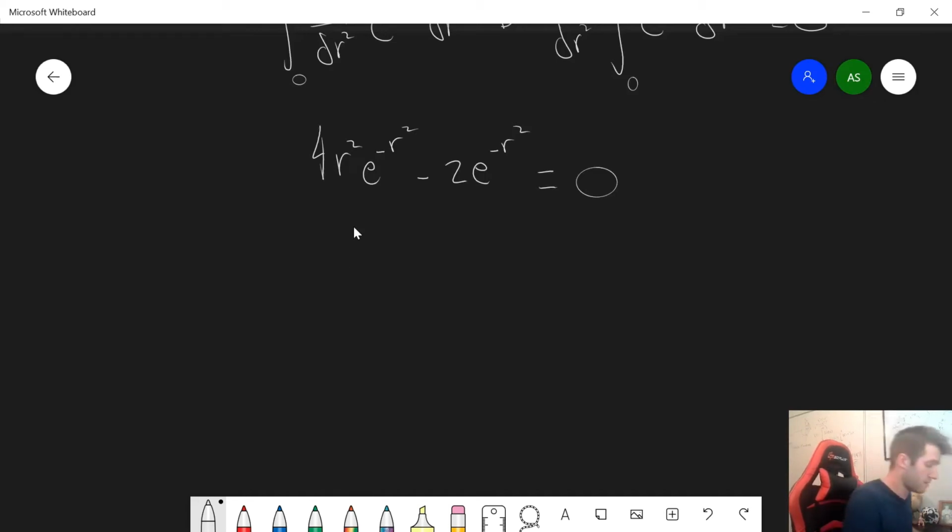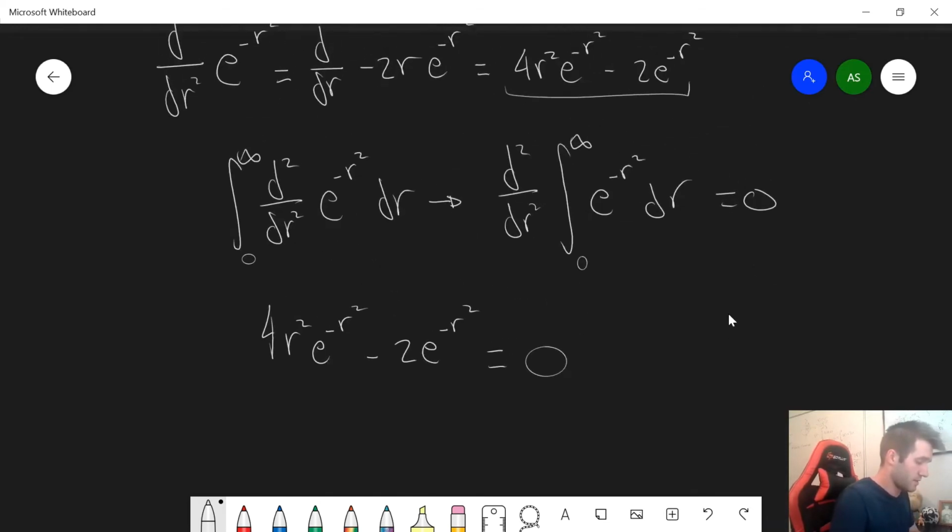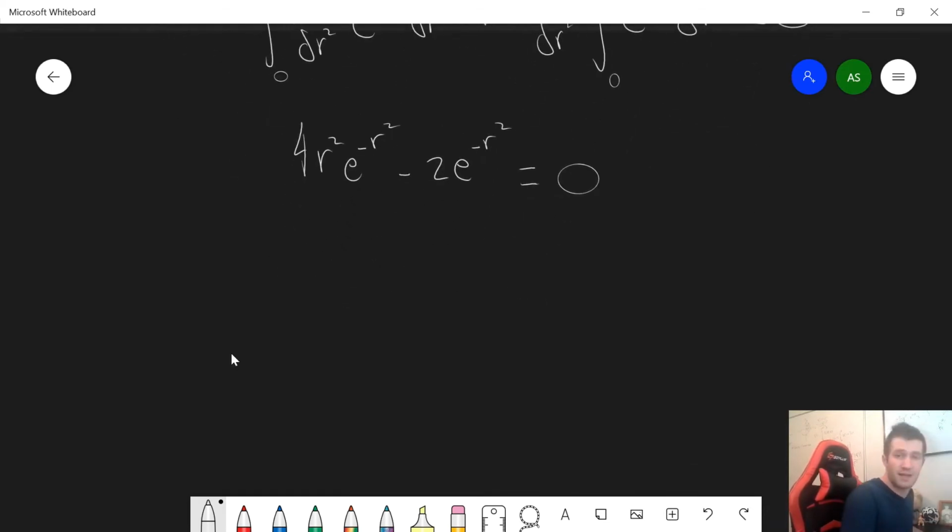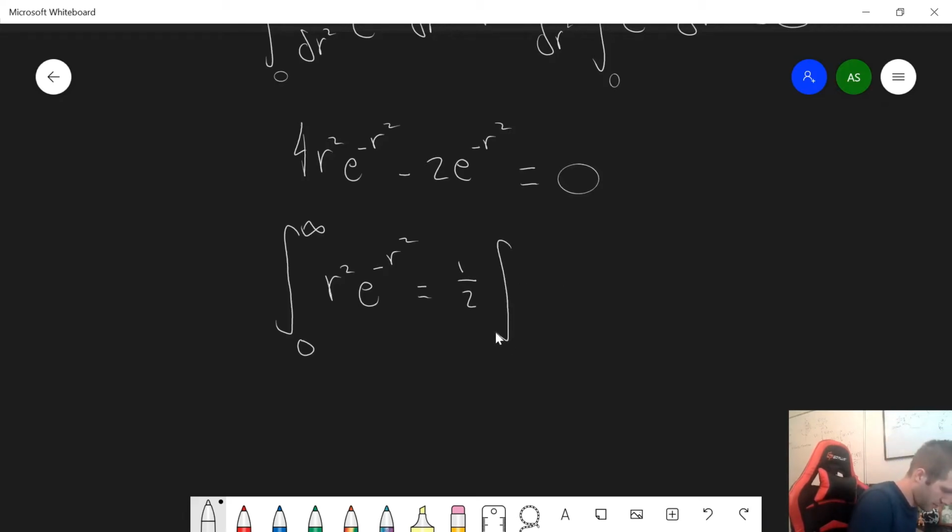We have to include that because that's what we did to this side. So we need to ensure that we maintain that consistency. So we're going to have our integral from 0 to infinity of r squared e raised to the negative r squared equals 1/2, because obviously 2 divided by 4, that's going to be 1/2. And then we're going to have our integral from 0 to infinity of e to the negative r squared dr. I forgot dr over here.